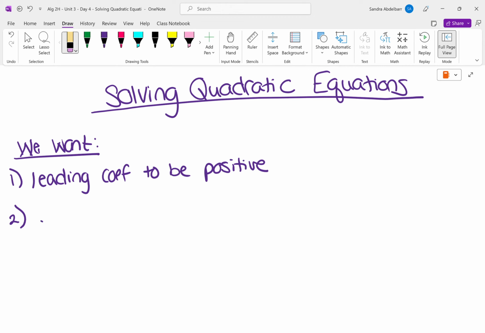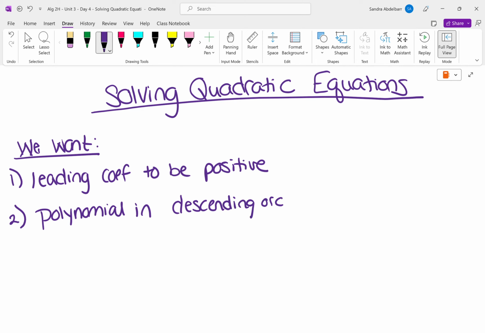We need it in descending order. Leading coefficient to be positive. Polynomial in descending order. And lastly, the equation to equal 0.